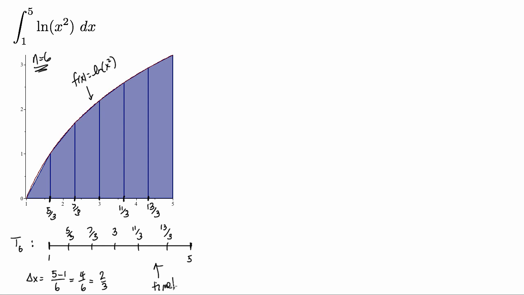Creating this little timeline is a good way to help you keep things straight, because all this will boil down to T6 is delta x over 2 times, and then remember, it's the function value at the left endpoint plus 2 times the function value at the next point, which is 5/3, 2 times the function value at the next point.